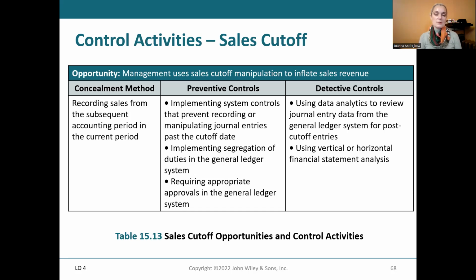Segregation of duties when it comes to the general ledger, and requiring approvals in the general ledger system for big transactions. How can we detect this? Well, we can use data analytics to review journal entries around certain dates and cutoffs, and then using vertical and horizontal financial statement analysis.